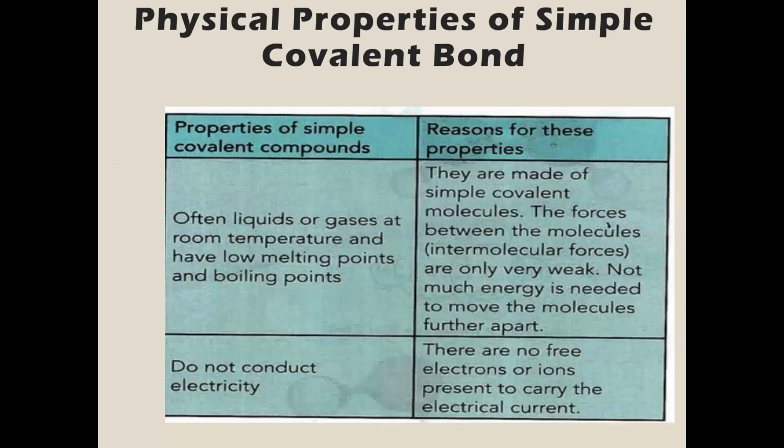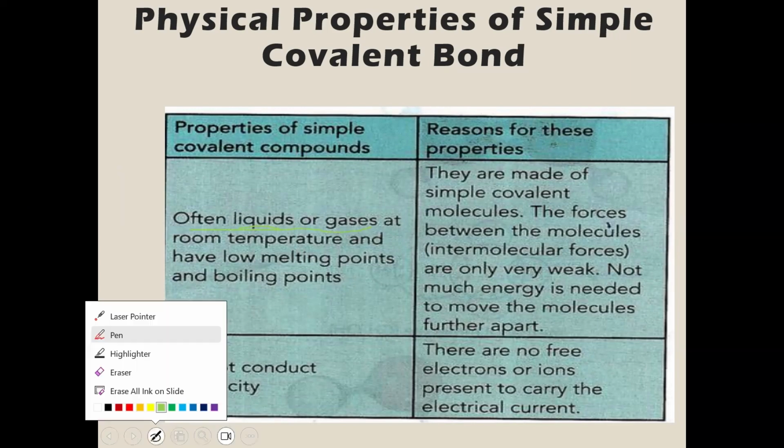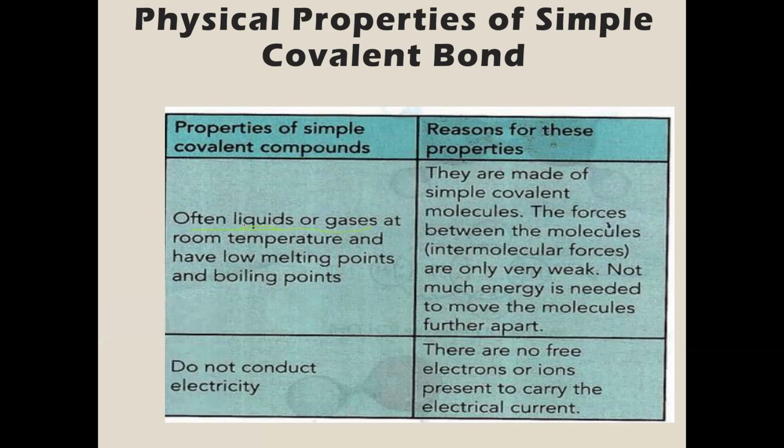The physical properties of simple covalent bonds, and why these properties exist. First, covalent molecules are usually liquids or gases at room temperature, and they have a low melting point and low boiling point. Why? What is the reason for that?